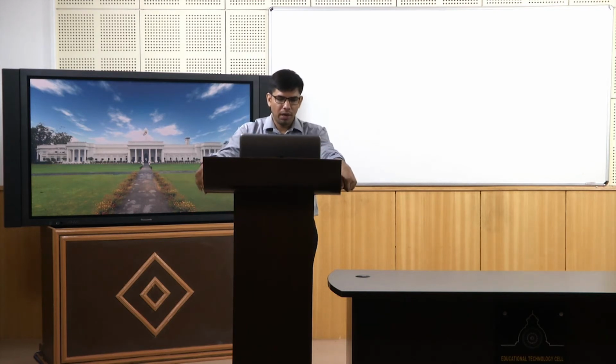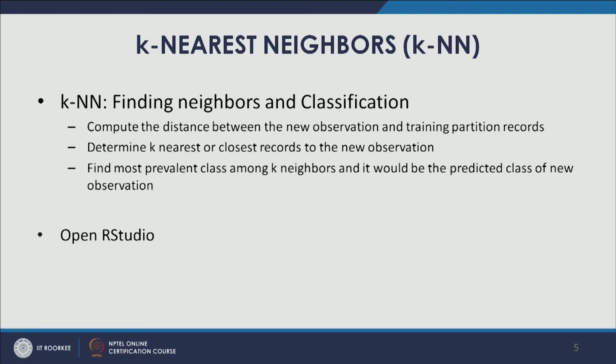If we look at the steps, first we need to compute the distance between the new observation and the training partition records. That is why Euclidean distance is generally preferred in the K nearest neighbor technique. The main reason, as expressed in the first point, is that we need to compute the distance between the new record that we want to classify and the training partition records.